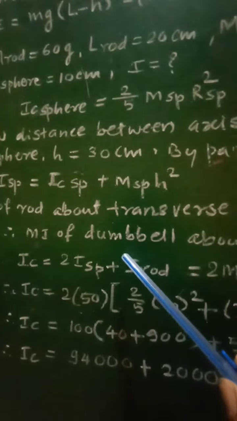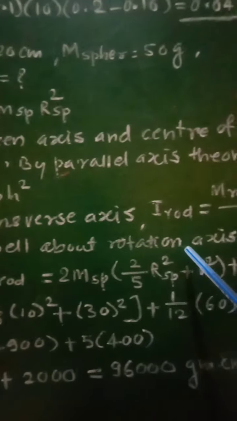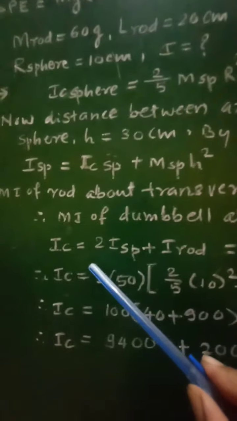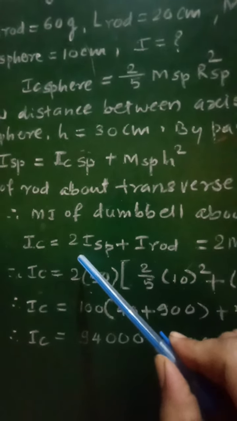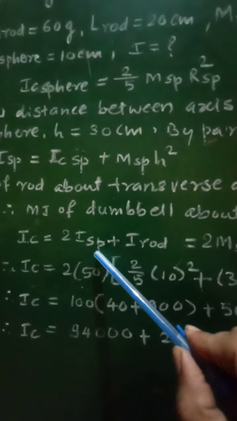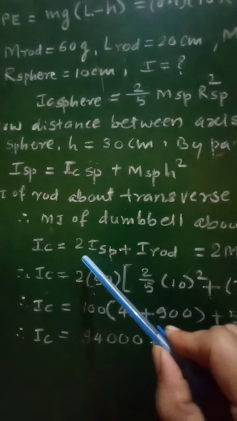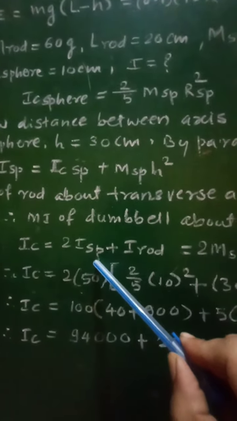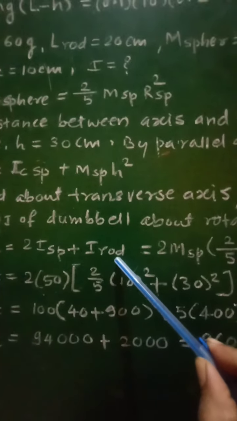And therefore MI of the dumbbell about the rotation axis will be given as IC is equal to 2 times I sphere, because there are two spheres at the two ends of the rod, plus I rod.